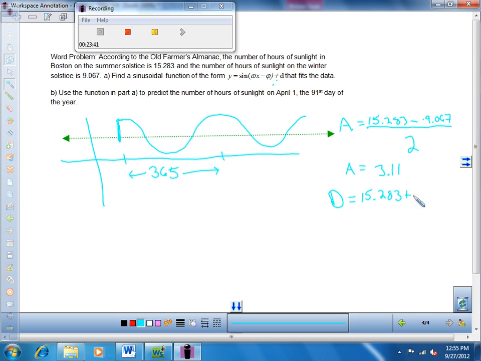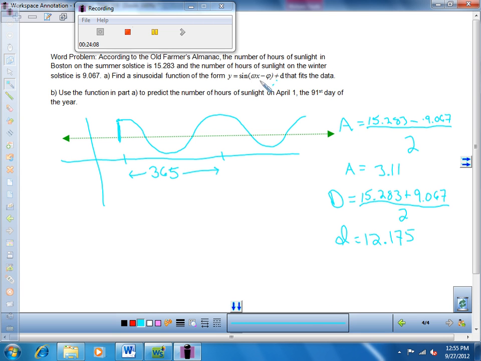So I'm going to go 15.283 plus 9.067, and I'm going to divide that by 2. And what do I get? They actually use little b. No, it's, thank you, 12 point, we'll just call it 12.1. It should be pretty accurate. 75. Okay? So that's D.